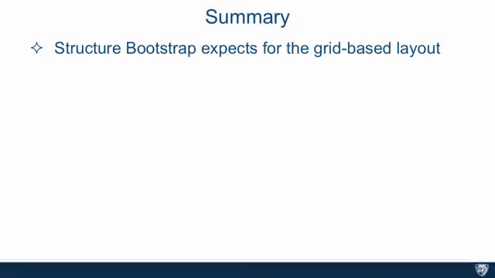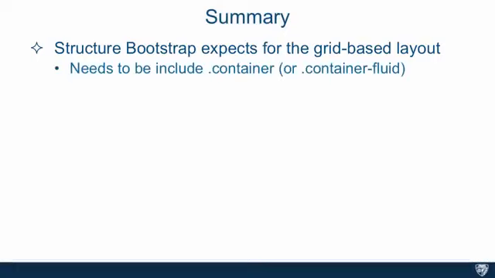So to summarize, we spoke about the structure that Bootstrap expects for the grid-based layout to work. In other words, the grid needs to be inside of the container class or container-fluid class, and also all columns must be inside an element with the row class.